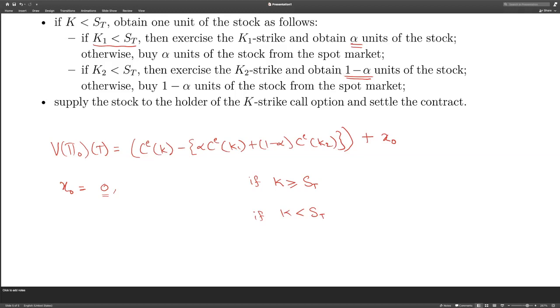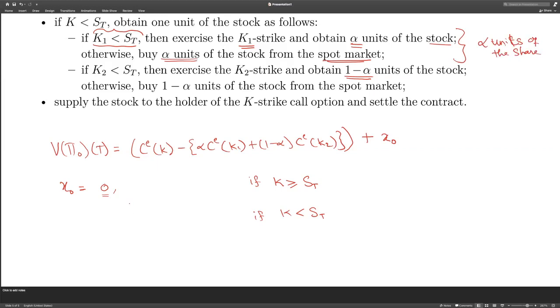Therefore, you will prefer to exercise the K1 strike call option if K1 is less than ST, right? So if K1 is less than ST, you exercise the K1 strike call option and thereby you will have alpha units of this stock. If not, then you simply go to the spot market and buy that alpha unit. And thereby you are accumulating alpha units of the share in that stock, right?